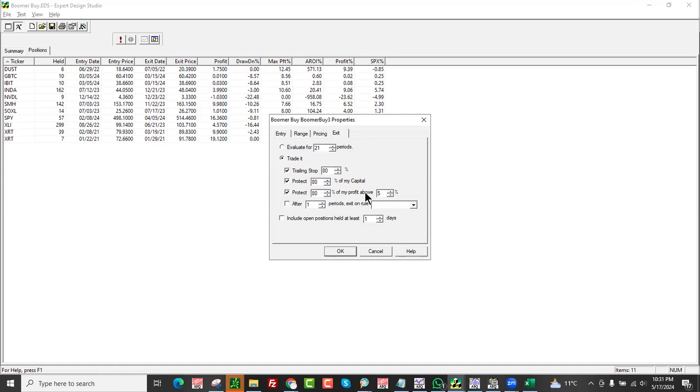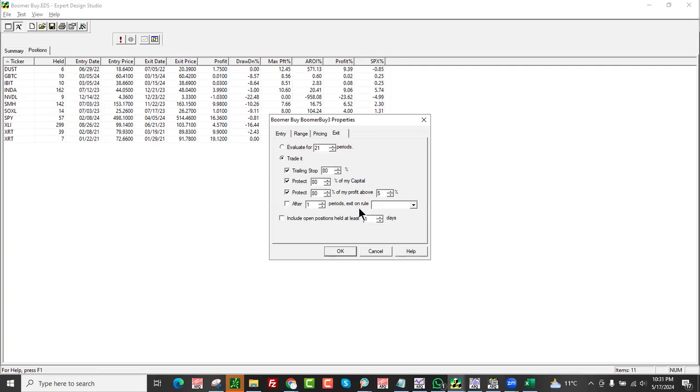And again, if my profit goes above 5%, I can change this as well. I want to save 80% of that if it starts to fall back. So we've got different ways of exiting the Boomer Buy. Nothing as far as a technical pattern or rule, although you can have a rule, which is what this area here allows us to do.